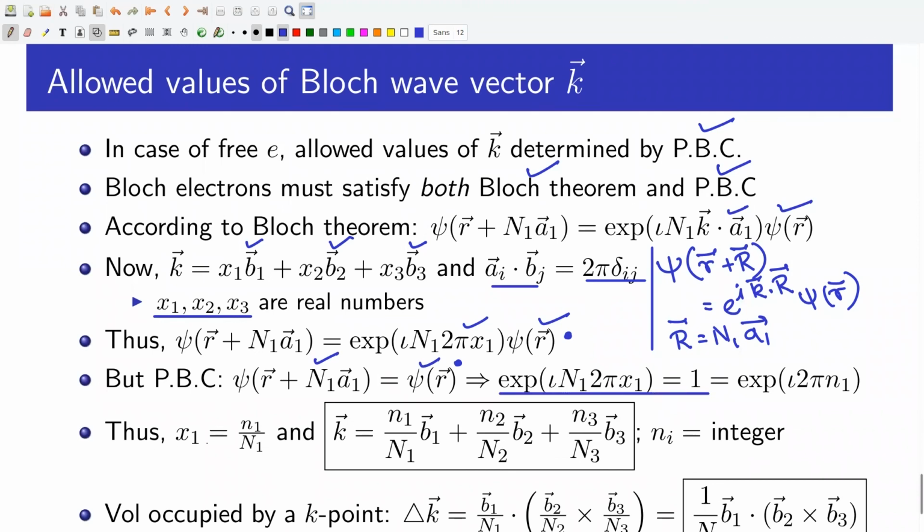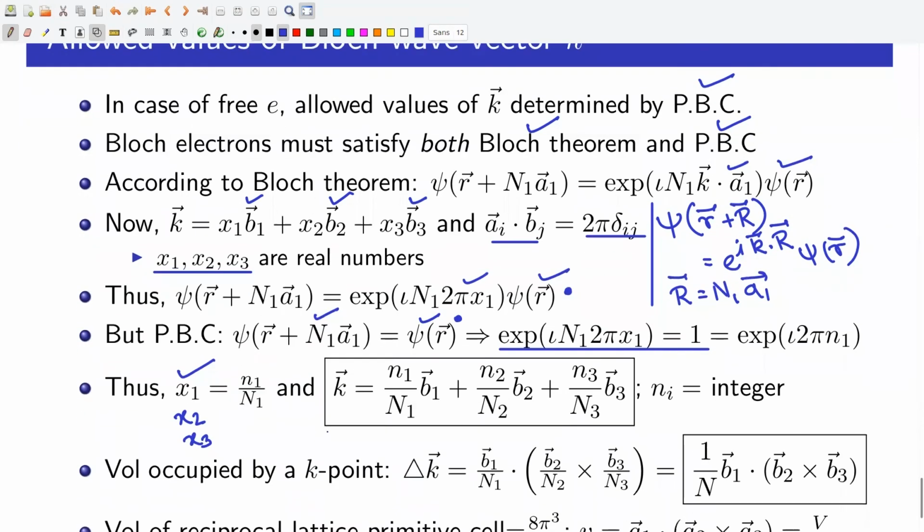And then we can write x1 as small n1 divided by capital N1. And similarly, we can find the value of x2 and x3, and then we can write the wave vector as k equals small n1 divided by capital N1 b1 plus small n2 divided by capital N2 b2 plus small n3 by capital N3 b3.